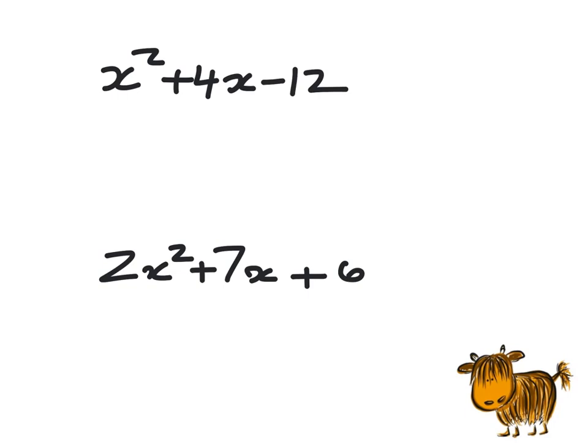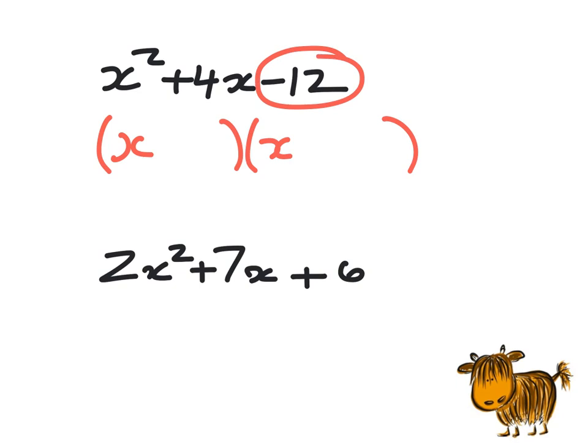The next 2 parts, pair of brackets again. X squared, x times x again. Now, the next number we look at here is the 12. And we think of all the numbers we can use to make 12 by timesing. So 1 times 12, 2 times 6, 3 times 4.